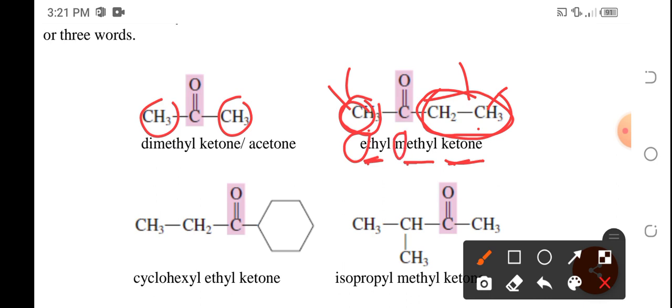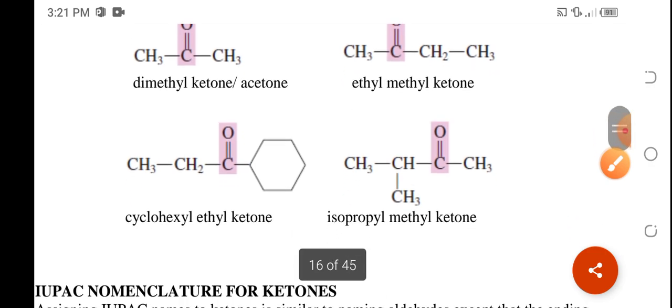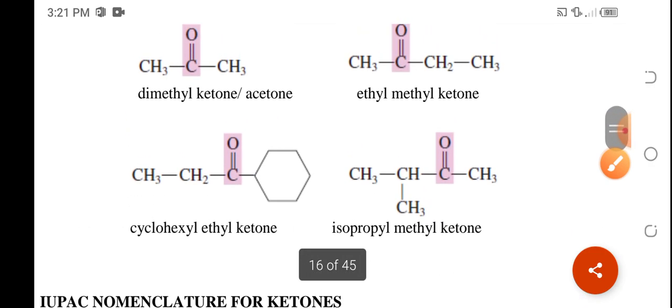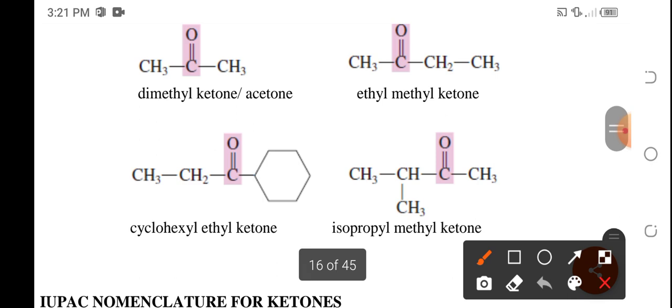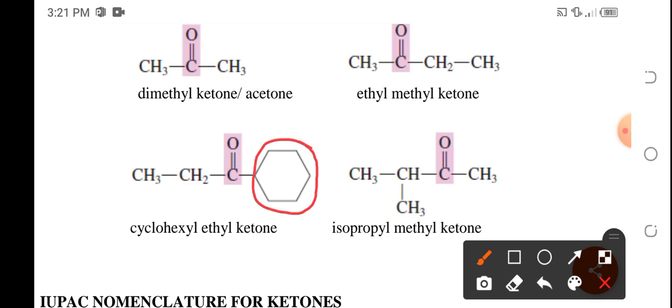However, if the alkyl groups attached on the carbonyl of the ketone are identical, we have only two words because we use the prefix di. Then we also have a common name for this one. This is a cyclohexane, supposedly, but it is treated as a substituent.